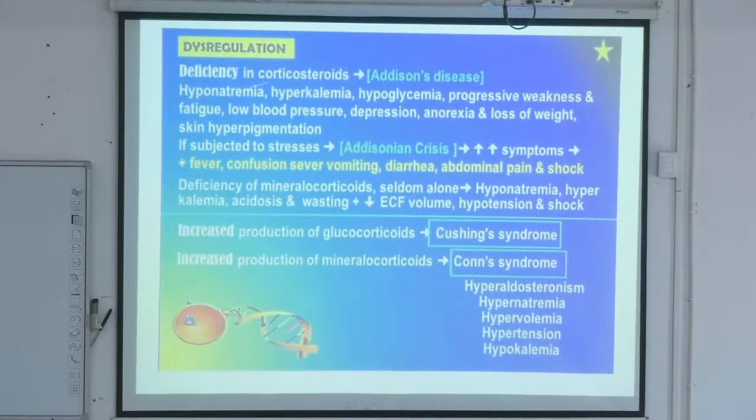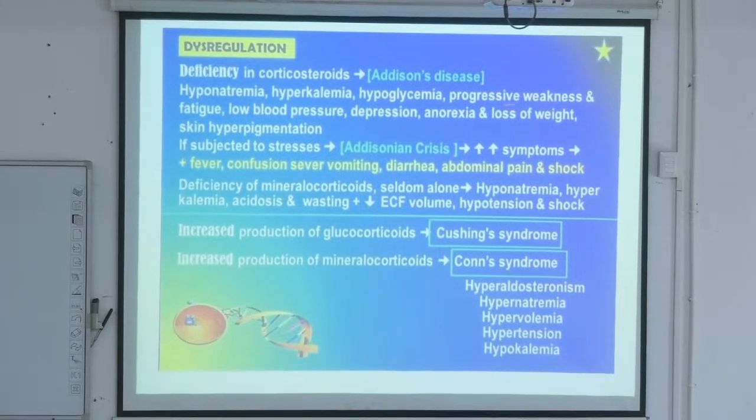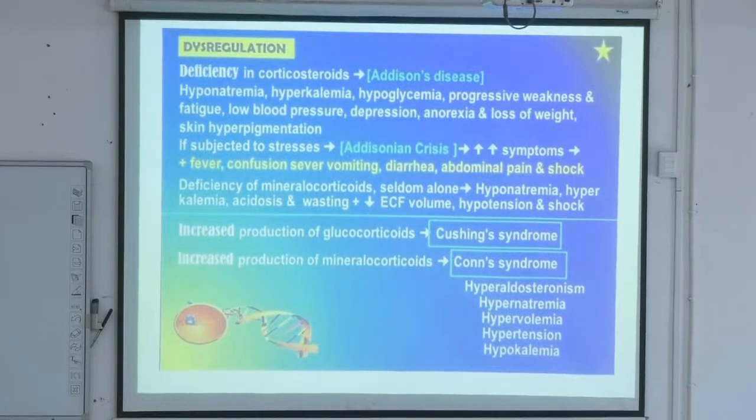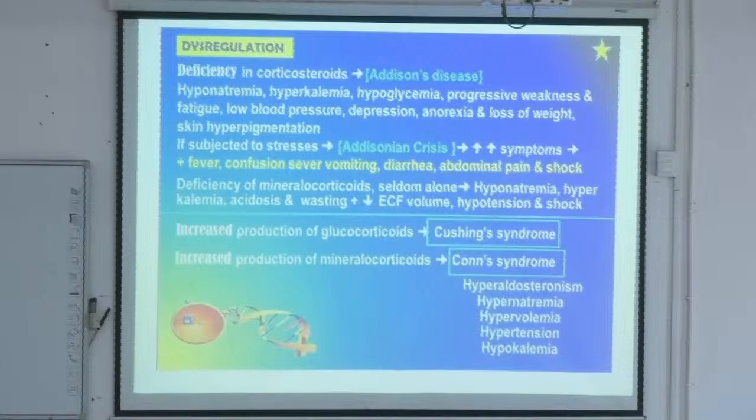There is low blood pressure, depression, anorexia, loss of weight and skin hyperpigmentation. This is very important. In Addison's disease, when adrenal cortex is not properly functioning, often in these patients you see spots in the whole body, darkening of the skin of the whole body. Why? Because adrenal gland is not working, but ACTH is there.